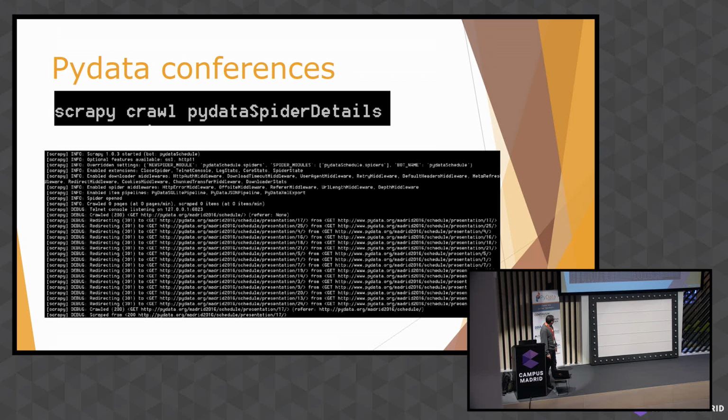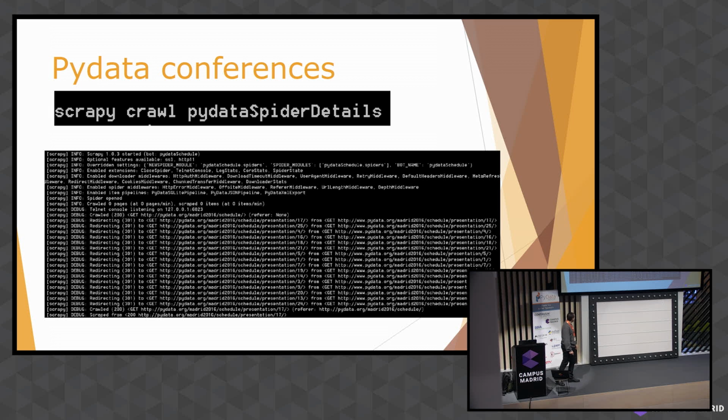For example, if we want to extract the data, we can execute the spider with Scrapy crawl and the name of the spider, and we can see all the process in this screen capture. We can see the process that the spider follows when it starts.